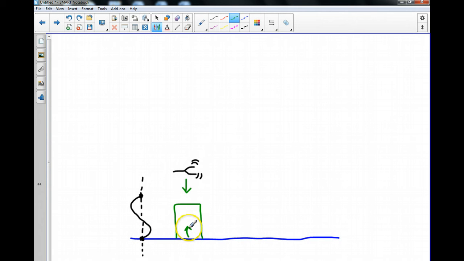And this reflected wave will then meet subsequent incident waves. So the tuning fork keeps vibrating, it keeps sending waves all the way down. And those incident waves interfere with the reflected waves.